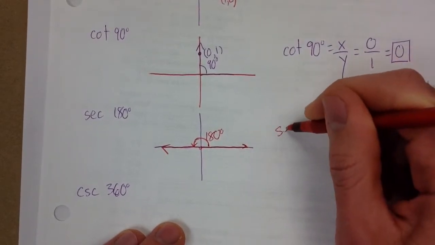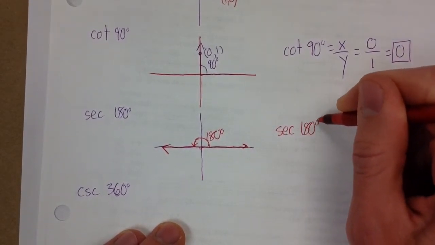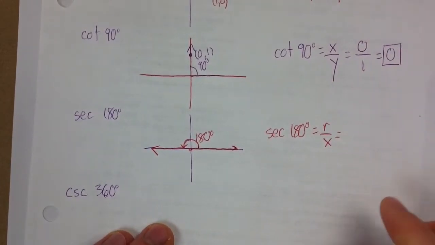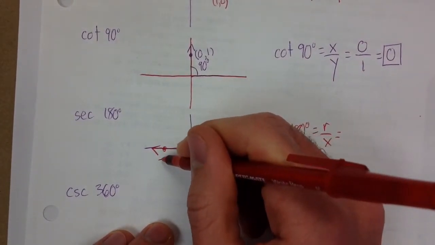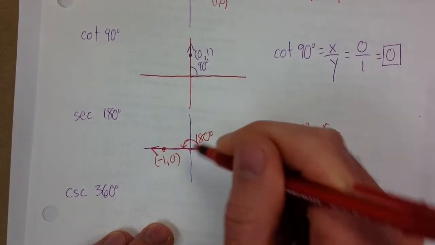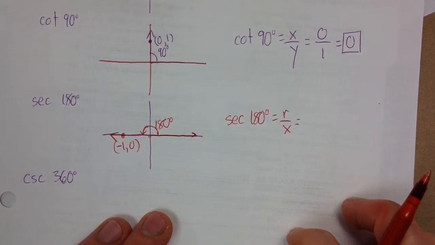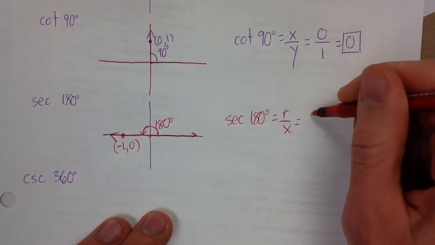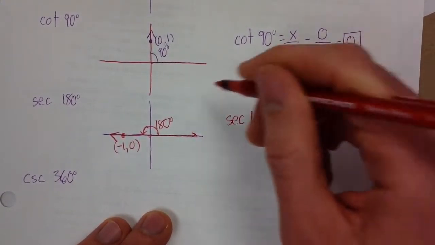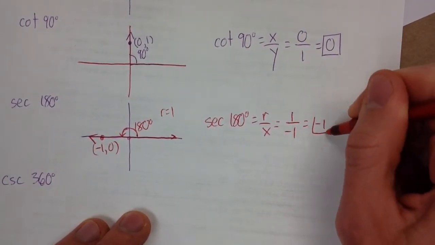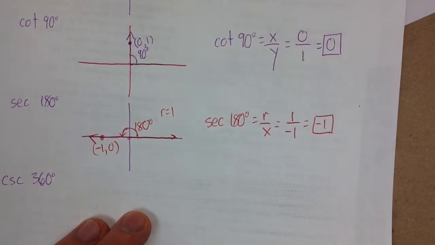So the point can be -1, 0. The point can absolutely be negative 1, 0, yes. So then you do r is 1 and x is -1, so the 1 over -1 equals -1. Excellent. Okay. We good?